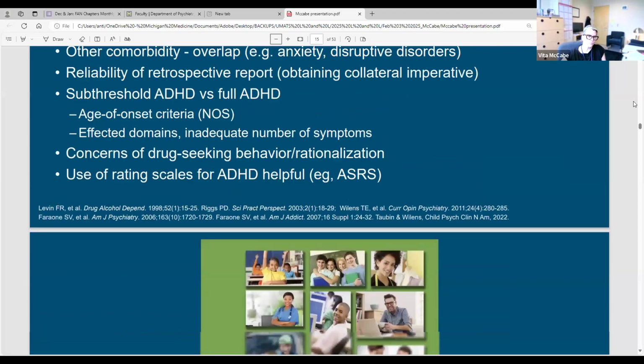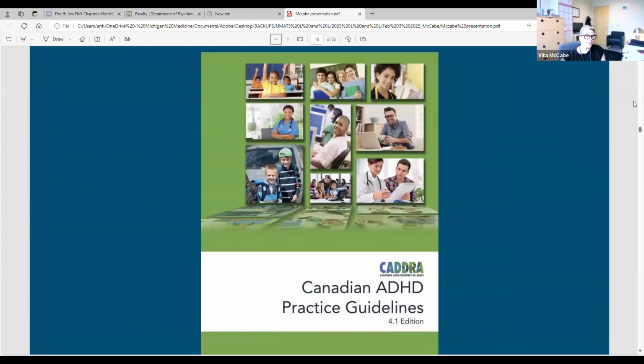Next slide. So our Canadian colleagues, they always feel a little bit ahead of us. They actually have wonderful practice guidelines. This initial version was published in 2006. They're updating theirs currently to include the substance use disorder population and treatment.